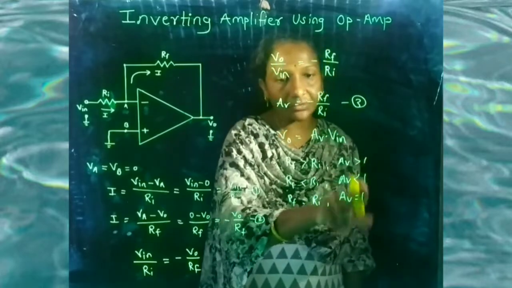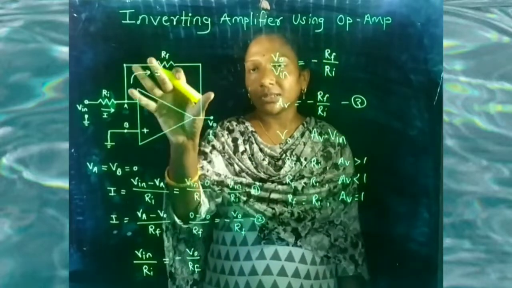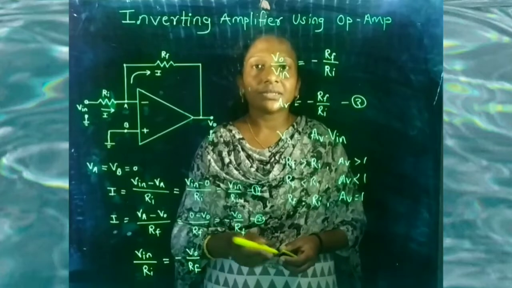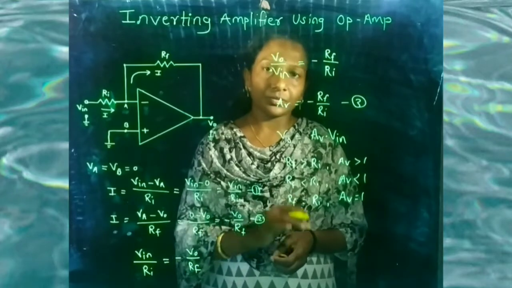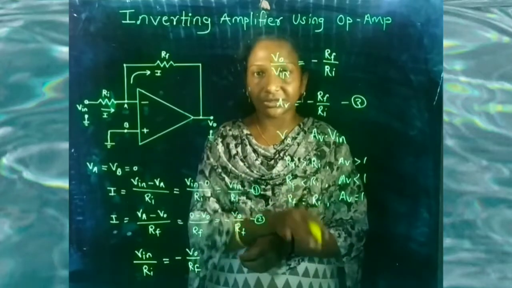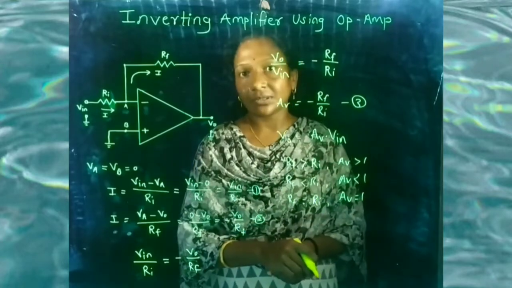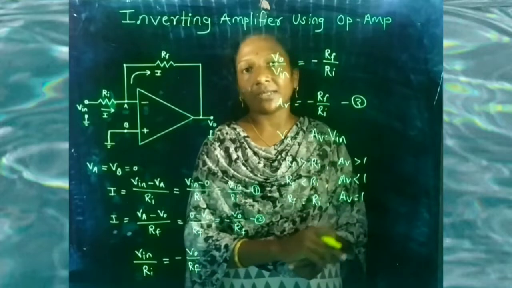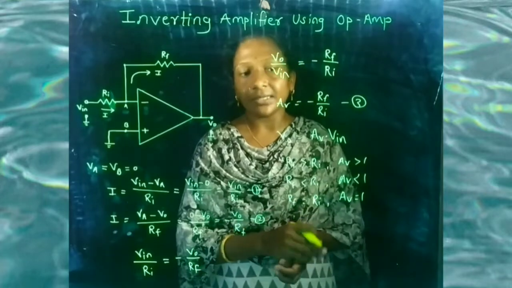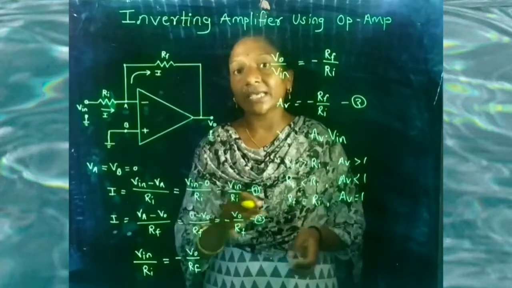When Rf is equal to Ri, this operational amplifier is called a unity gain amplifier, used only as a phase changer, whereas if Rf is greater than or less than Ri, then it is used as a scale changer.